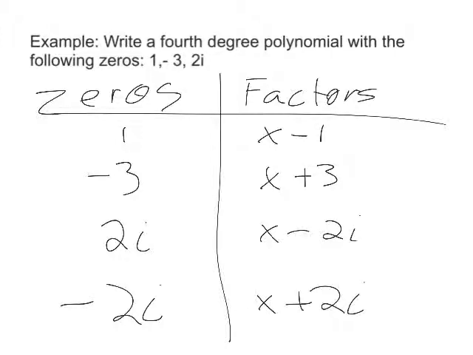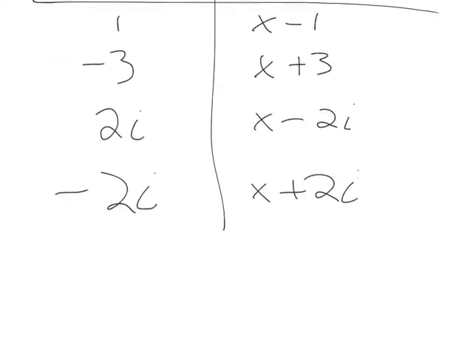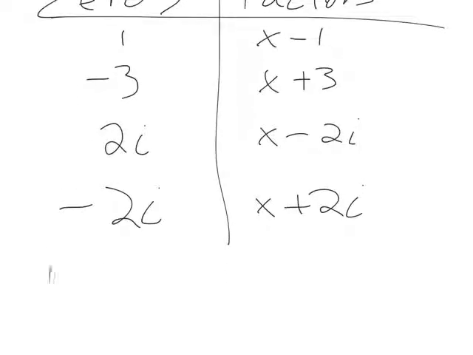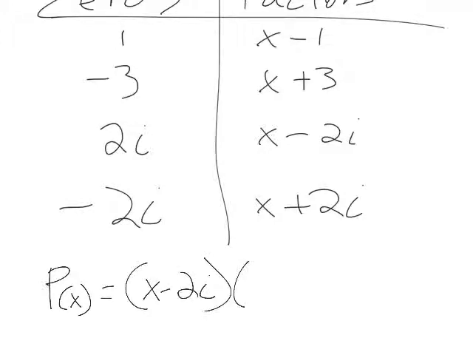You can put these in any order that you want to, but again, I would recommend that you multiply the two i's together first. And so I'm going to move them to the front. x minus 2i and x plus 2i. And then we're going to have x minus 1 and x plus 3.